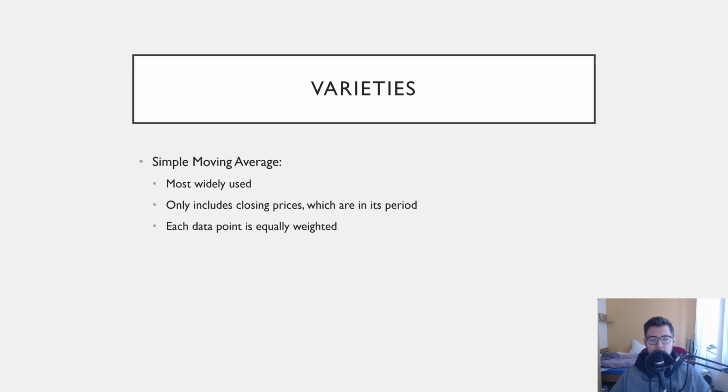And also here on a simple moving average, it is programmed in a certain time period. Each data point is also equally weighted, which is actually a point which some people criticize for the simple moving average.